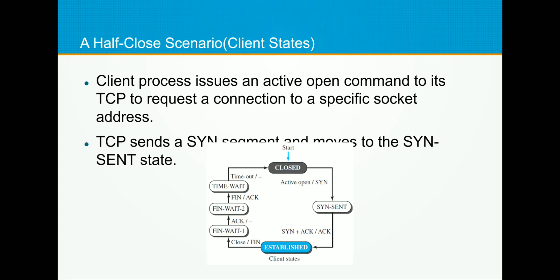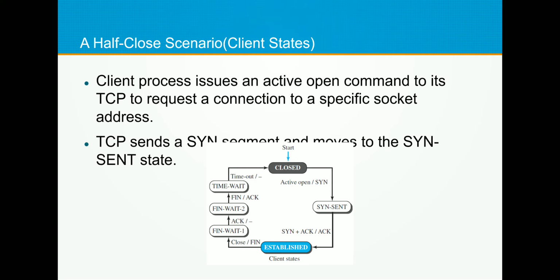Now, in response to this active open, it has to start the connection establishment. So the TCP, in response to the active open as the input, will send a SYN segment.